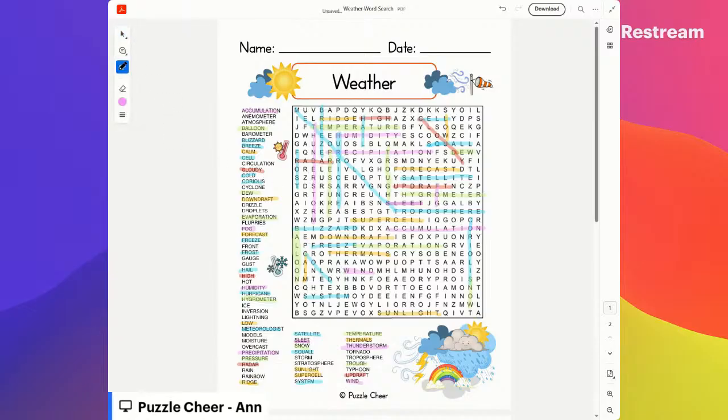Very good. D-R-I-Z-Z-L-E, drizzle. So that was vertical in the second column from the left, drizzle.